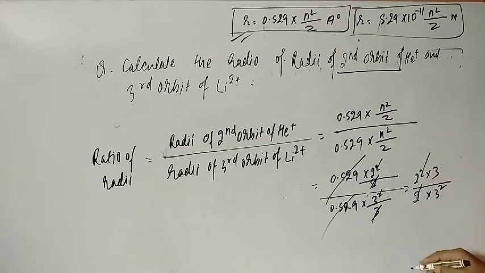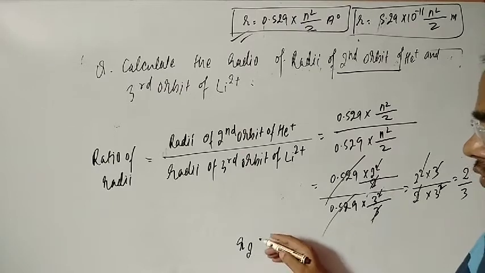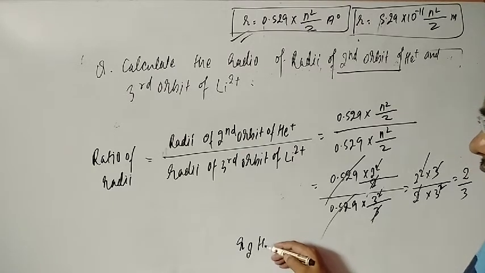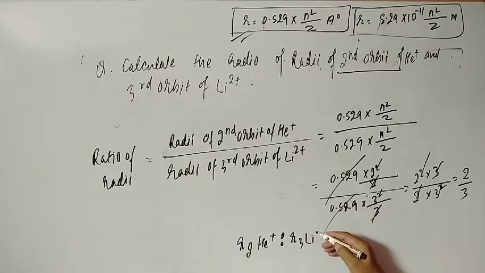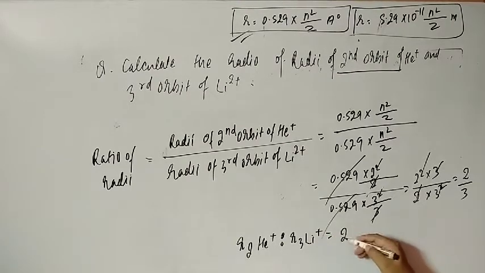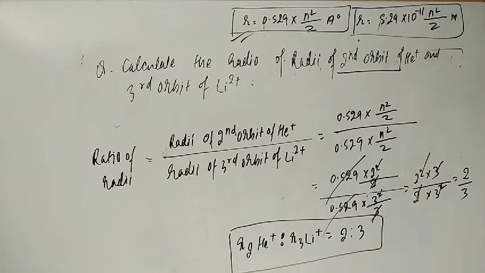This cancels out, and that cancels out, so it comes to 2 by 3. So R2 of He plus to R3 of Li 2 plus is 2:3. This is the ratio of radii of the helium and lithium ions.